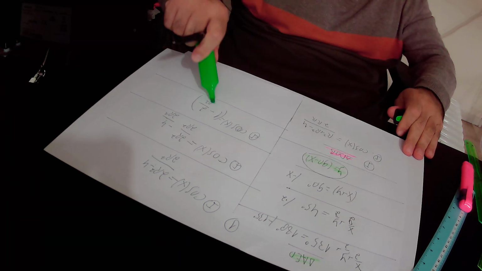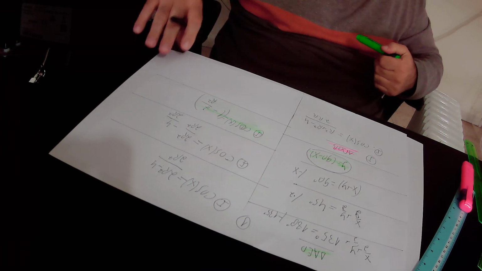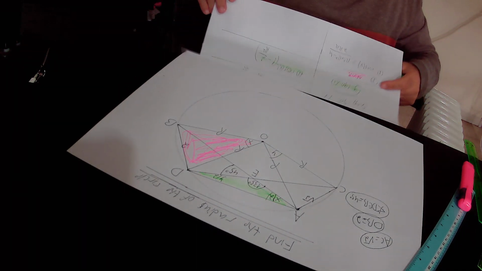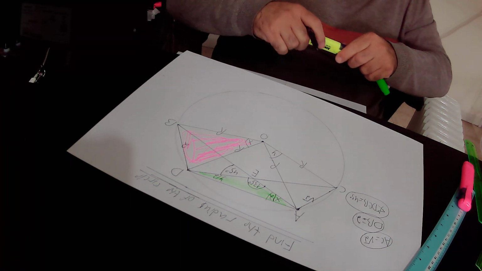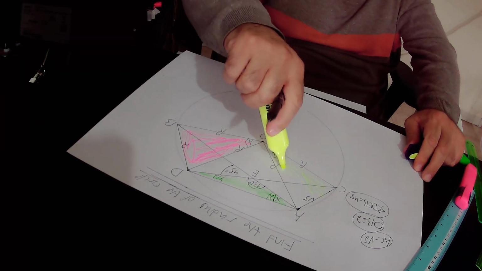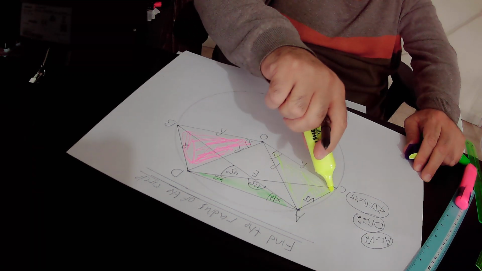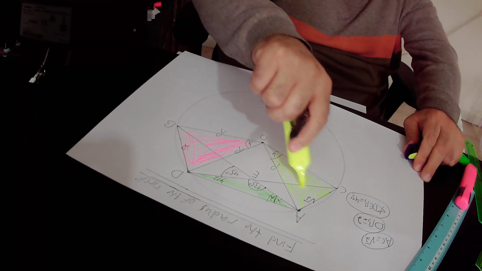Okay. In the next step, we will implement the law of cosines on the yellow triangle, triangle ACO.